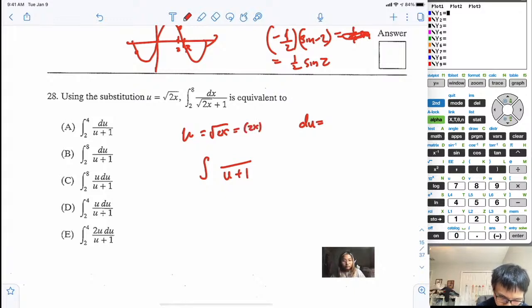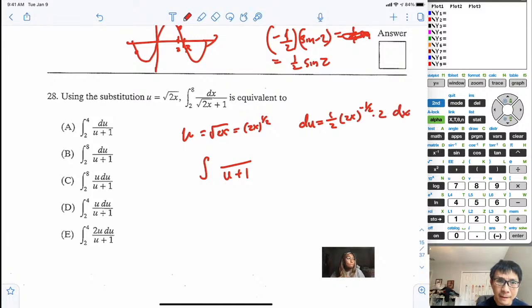So it'll be, this one's 2x to the 1/2, so it'll be 1 over 2, right? To the 2x to the negative 1/2 times 2 dx. Does that make sense? Mm-hmm. This is a chain rule again. Yeah. So this 2 and 2 cancel out.